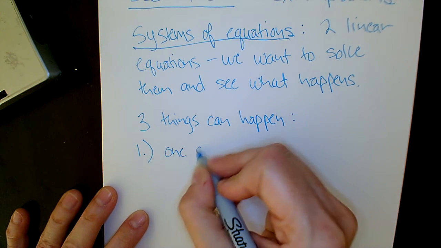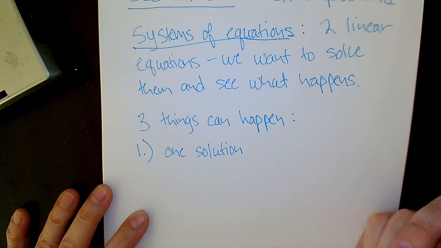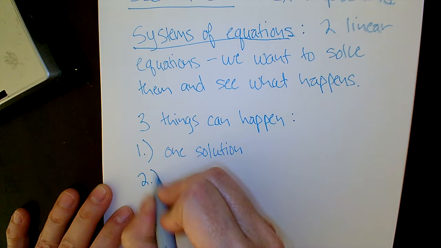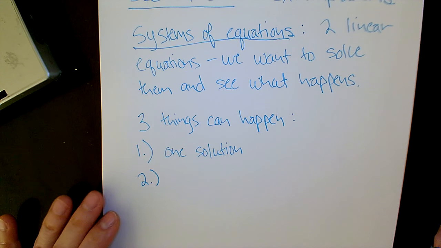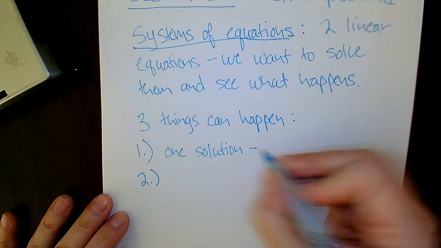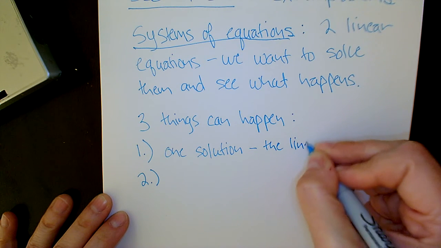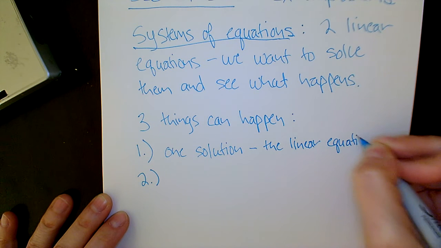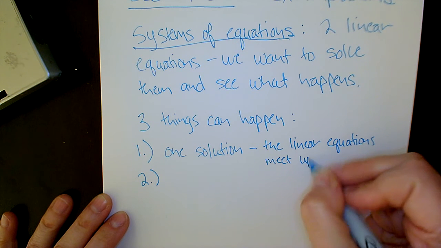We can have one solution, that's where the two linear equations intersect in one point. I'll say meet up in one point.